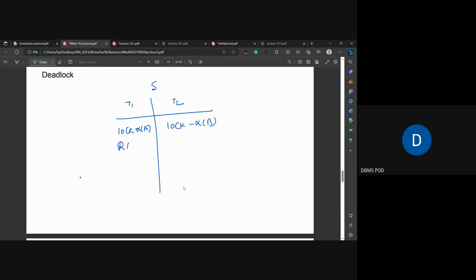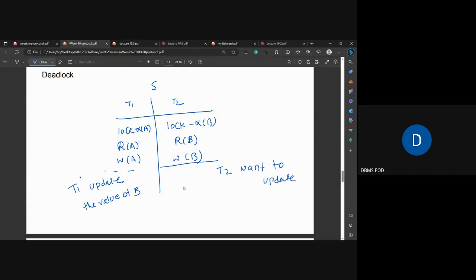Now read A, then write A, read B, then write B. Now in that position, T1 wants to update the value of B, and T2 wants to update the value of A.